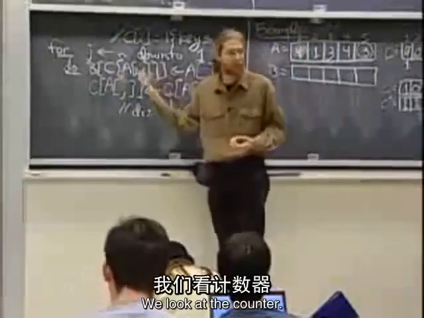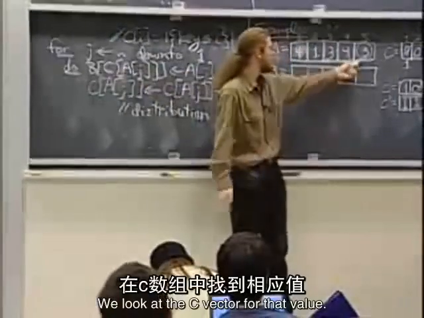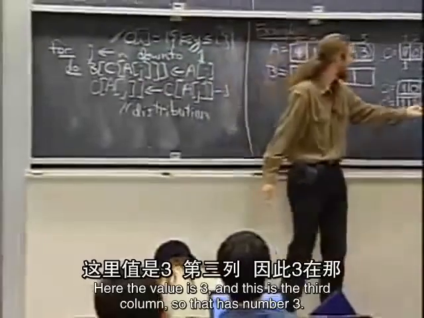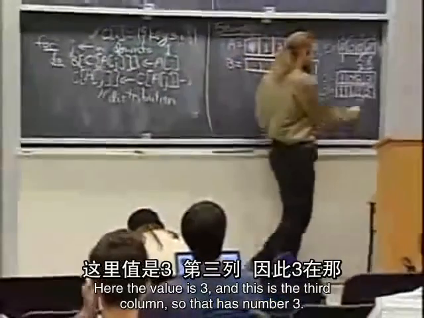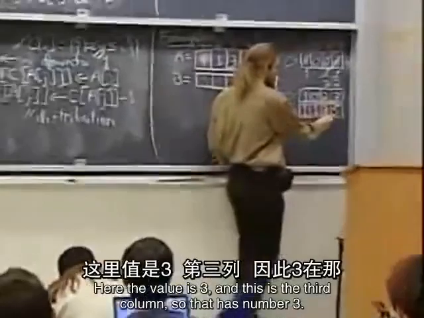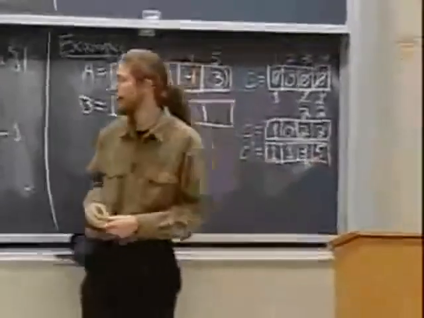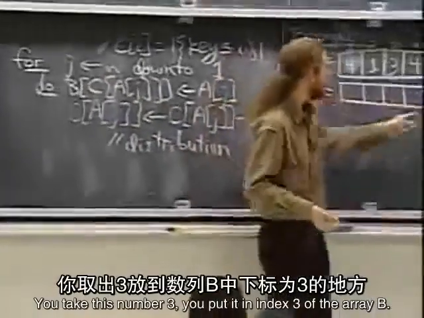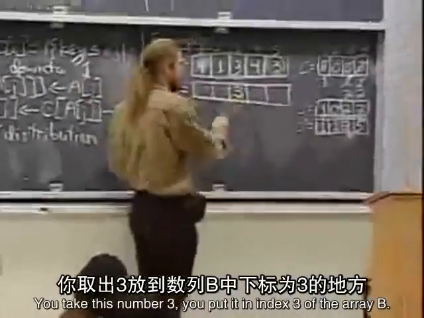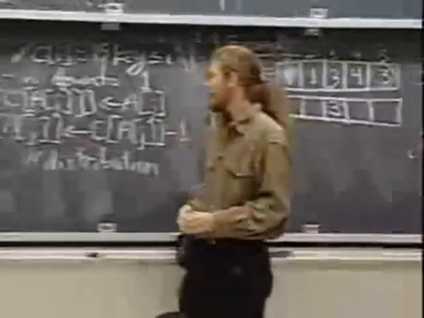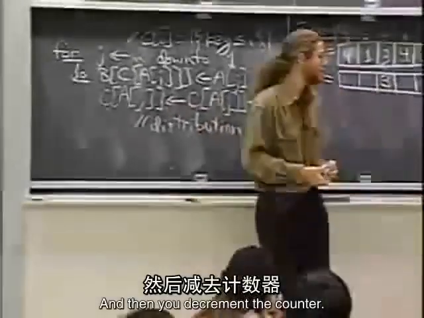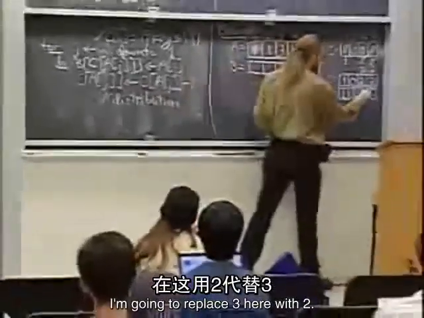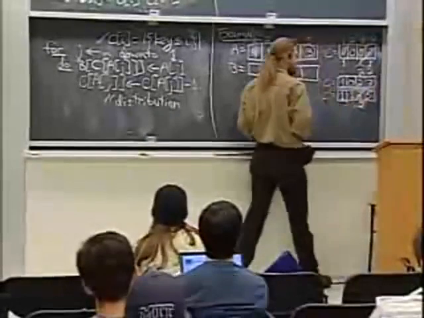We look at the counter, the C vector for that value. Here the value is 3, and this is the third column, so that has number 3. And the claim is that's where it belongs in B. So you take this number 3, you put it in index 3 of the array B, and then you decrement the counter. Okay, so I'm going to replace 3 here with 2.